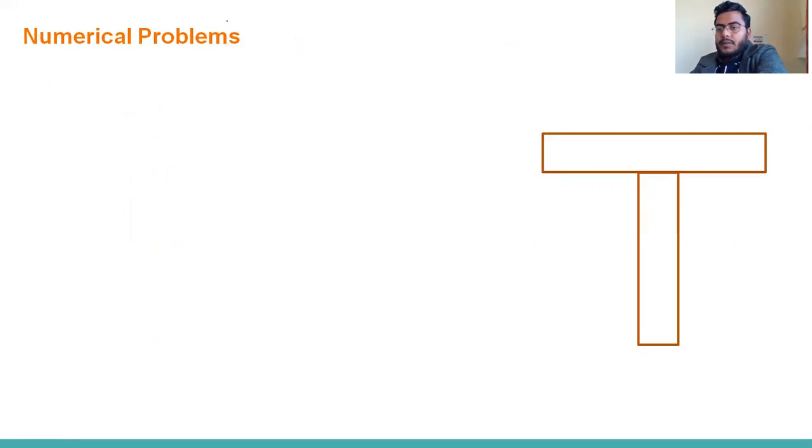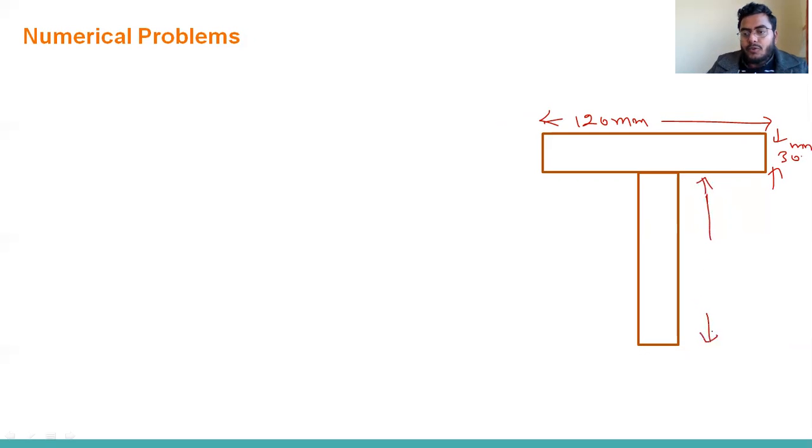Now I'm going to solve one numerical problem. The dimensions are given: the top width is 120 mm, here it is 30 mm, and the length of this T portion, the outward portion, is 100 mm.